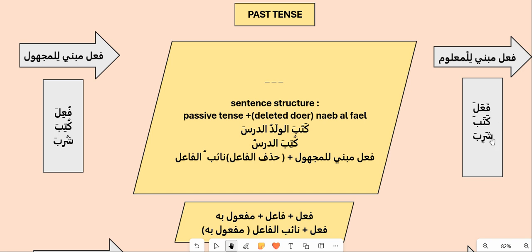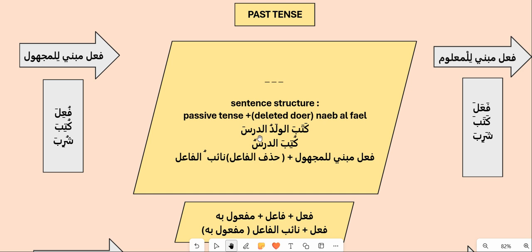So fa'ala, kataba, shariba: in all these you know the doer. Where is the doer? It's hidden inside. It's the damir, a he or a she or anything. A doer may also come as a noun. For example, if you see the example here, I have taken very simple examples.